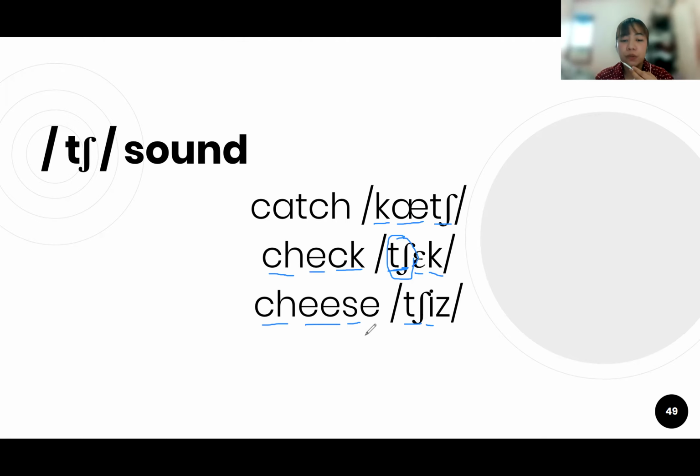Although it's letter S, when we pronounce the word cheese, your S is pronounced with your Z na sound. That's why we use your letter Z. Cheese. So wala na ang E because silent man siya. So cheese for cheese. Check. This is the transcription. Catch. This is the IPA transcription.